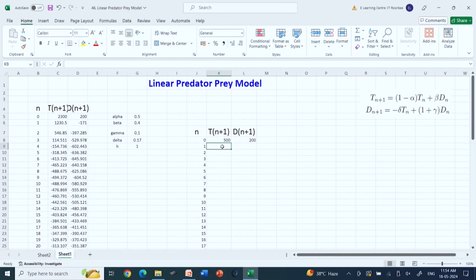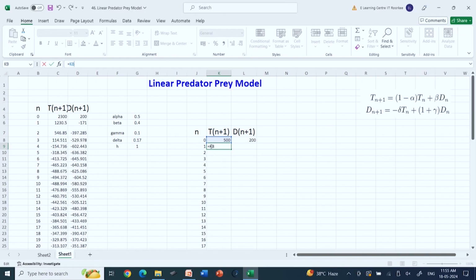And this is equal to T0, which is this, plus... If you look into this equation, it is T_{n+1}. If I put n equal to 0, T1 is equal to T0 minus alpha T0 plus beta D0.